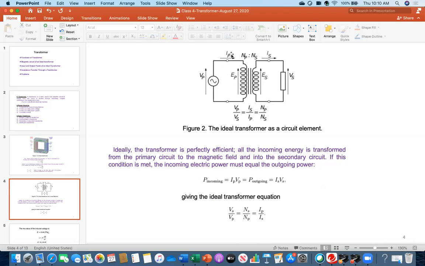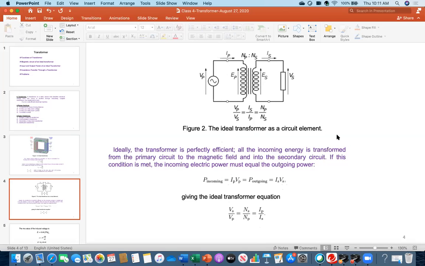Vp multiplied by Ip. That is the incoming power. And then it should equal the outgoing power, Vs and Is. So if I write this, then you get Vs over Vp equals Ip over Is. But already I defined that Vp over Vs is Np over Ns. That's why when you are making the relationship, it is Vs here, it is Ns here, but for Ip it is here. Just to maintain the law of conservation of energy.